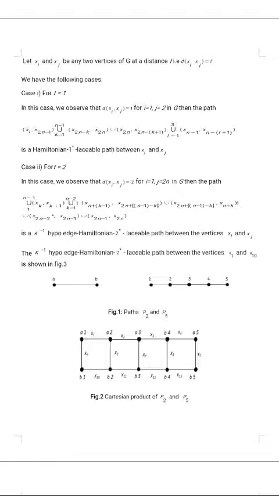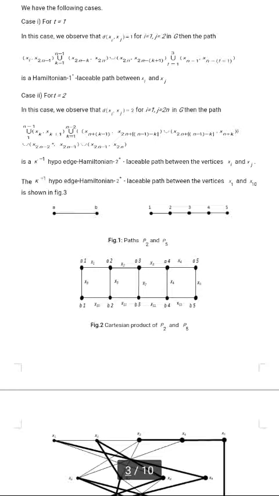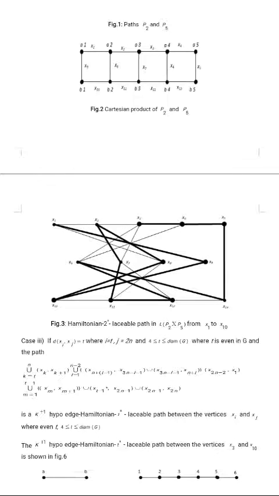So now you can see in the figure we have P2 cross P5 and its Cartesian product. Again we construct the line graph of P2 cross P5. Then you can see in the figure the Hamiltonian 2 star laceable path in L of P2 cross P5 from x1 to x10. This is the Hamiltonian path.